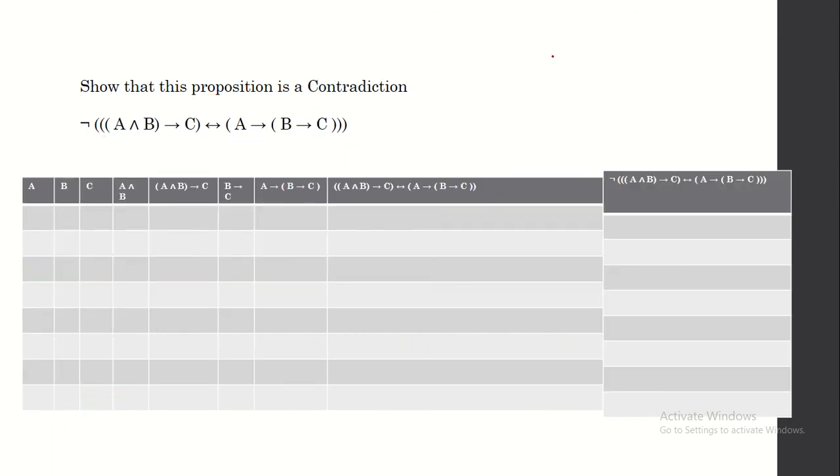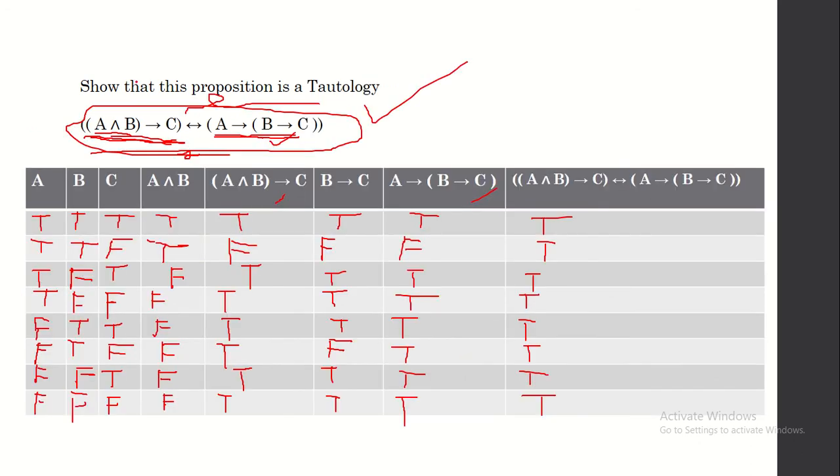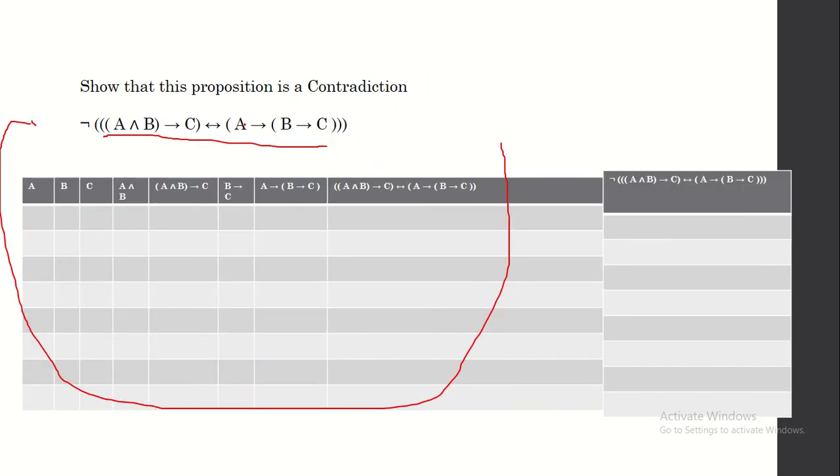Now in this next question it is asked to show that this logic is a contradiction. We have already completed this part in our previous example. This was the example, so we already know the outputs of this part, that all of them are true.